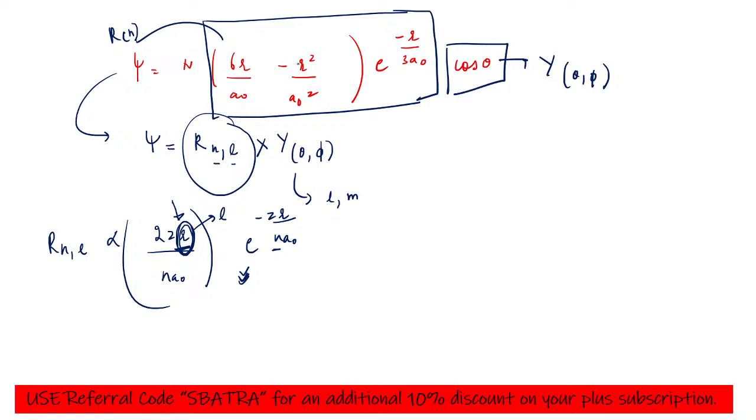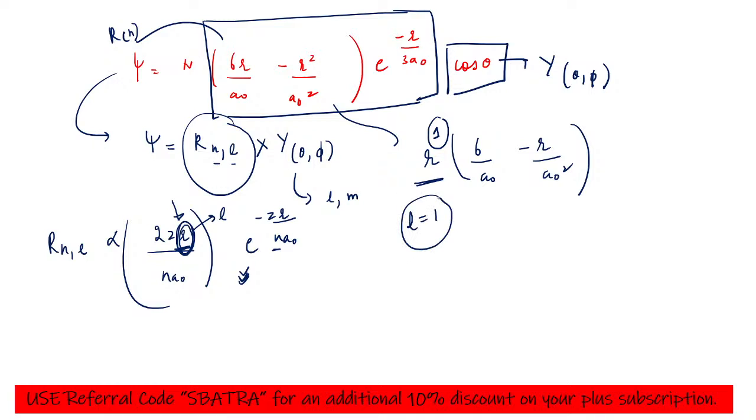If I take r common from this function, it becomes r times (6 by a naught minus r by a naught square). Now this is your free R, and r to the power 1. So basically you have L equal to 1. This is how you can solve it, that L is equal to 1 over here.